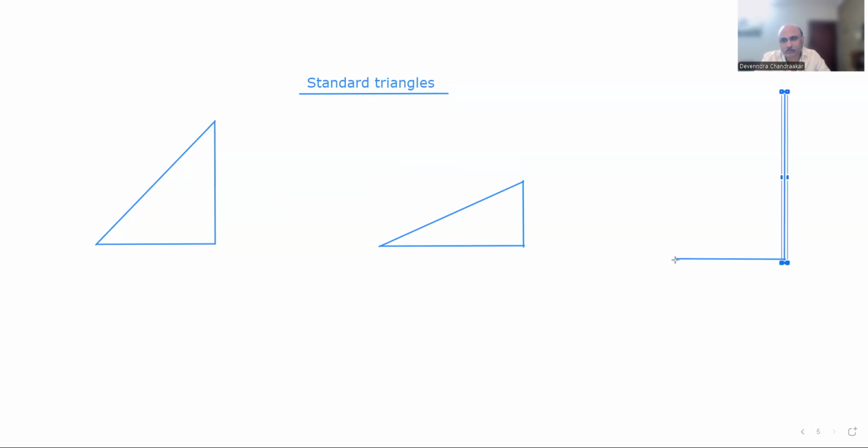And this last one is not about the standard angles of the first quadrant, but it is a unique triangle which has the smallest Pythagorean triplet.